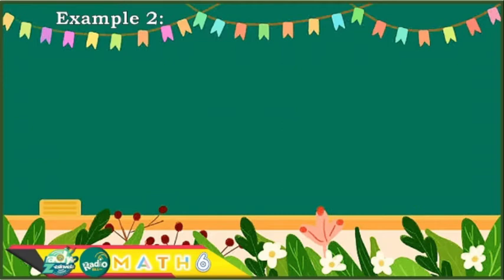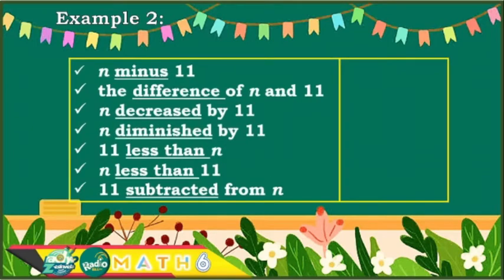For our second example, the word phrases n minus 11, the difference of n and 11, n decreased by 11, n diminished by 11, 11 less than n, and 11 subtracted from n can be translated into the algebraic expression n minus 11.